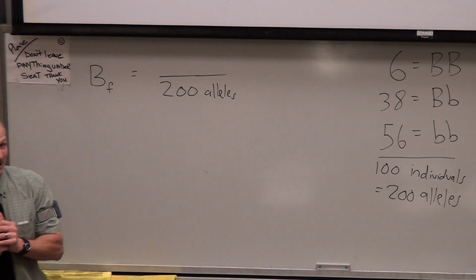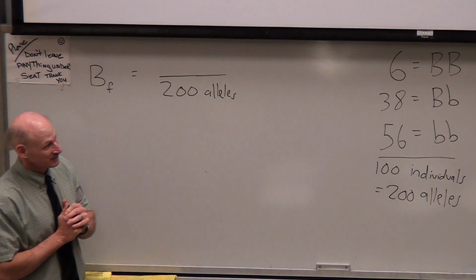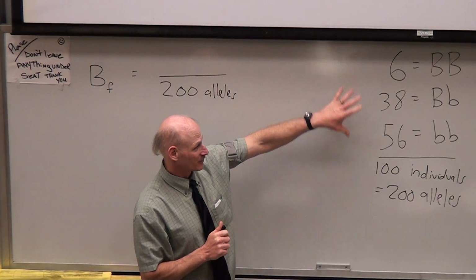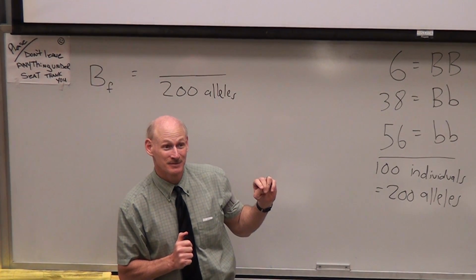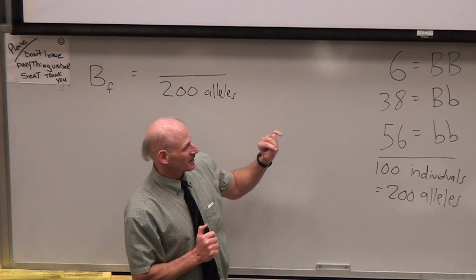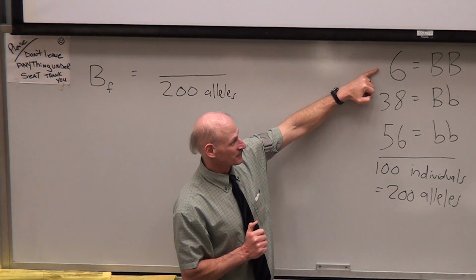Can someone answer that? How many large B alleles are floating around in this population? 50 is correct.